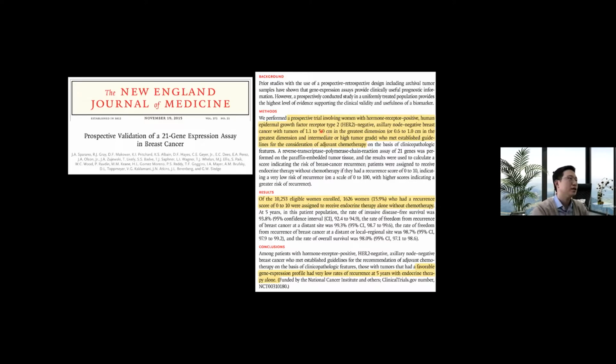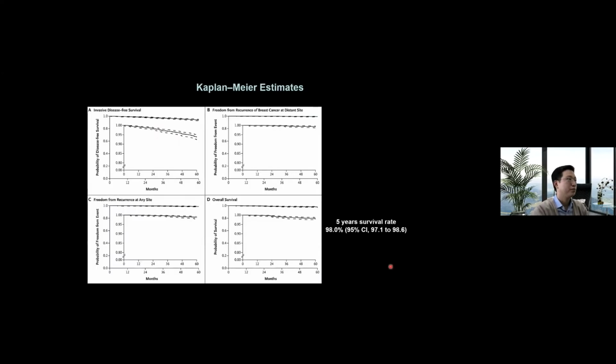So in this study, they looked to see if there is a chance that those patients could have only endocrine therapy, not chemotherapy. And they found that this subset of patients had a very nice prognosis, even though they didn't receive the cytotoxic chemotherapy. So you can see the very nice survival graph of those patients.